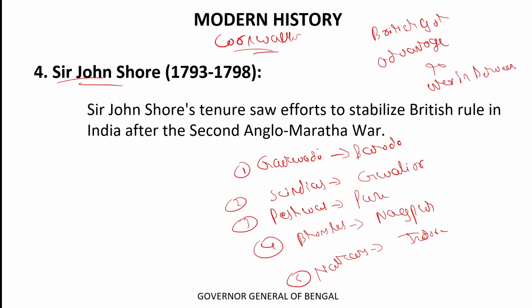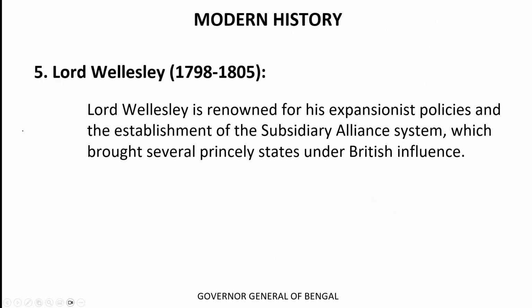Because of the tensions prevailing amongst these families, the British got the advantage to enter in between, and they occupied large territory, and this Maratha territory was stabilized during Sir John Shore. Got it? Now let's move forward.